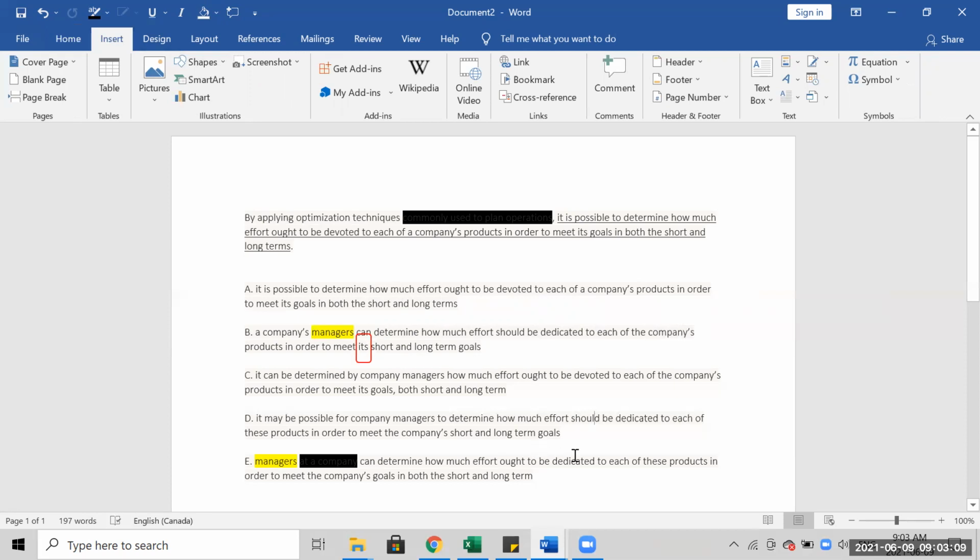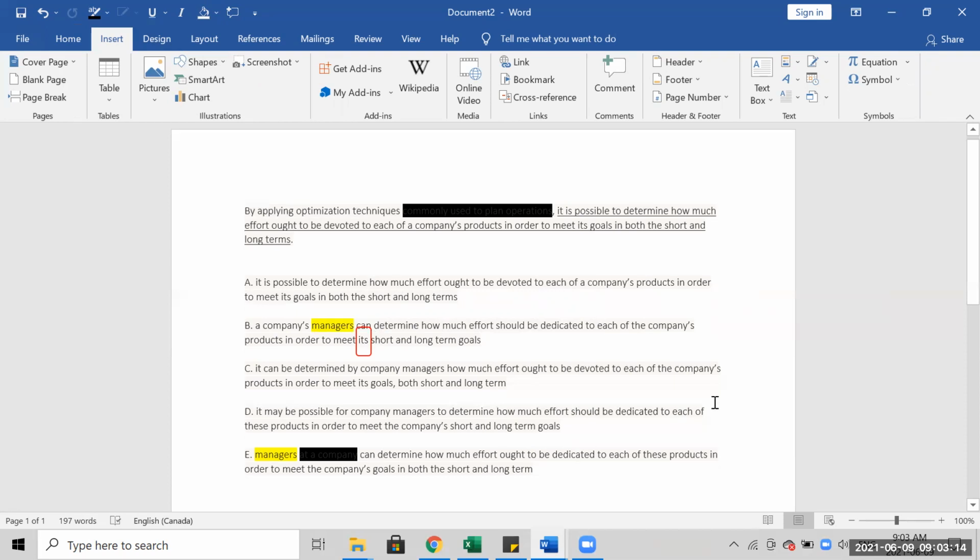Managers can determine how much effort ought to be dedicated to each of these products in order to meet the company's goals in both the short and long term. Between B and A, it's a complete blank.